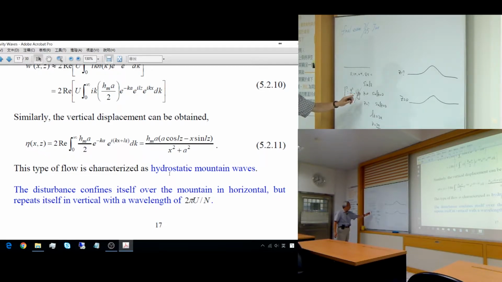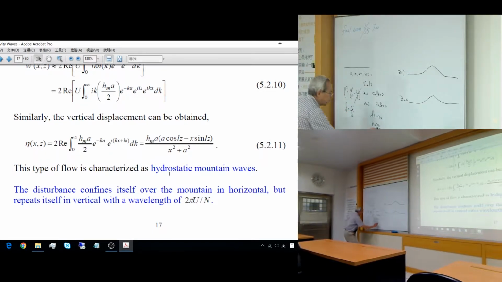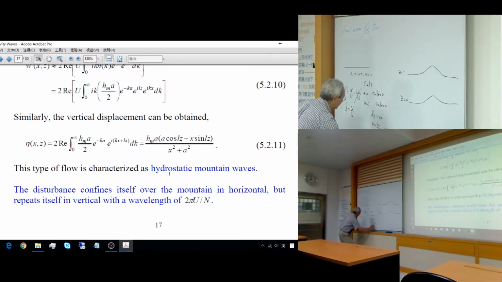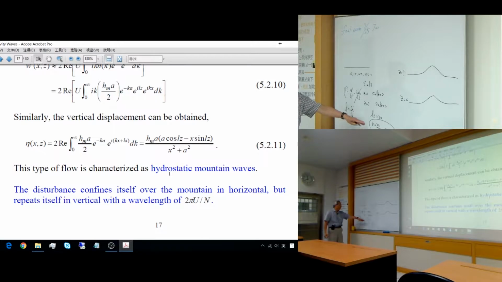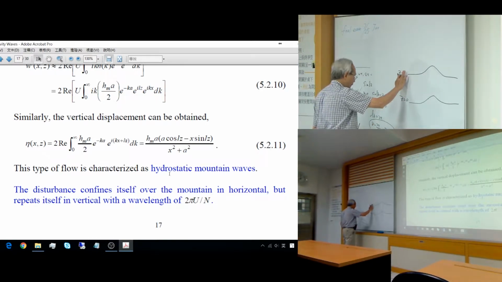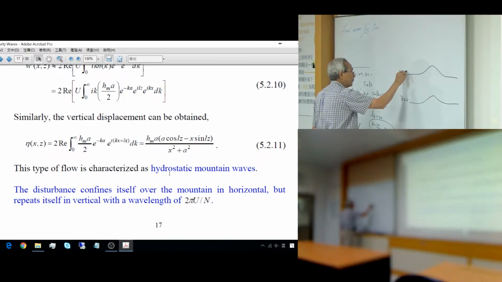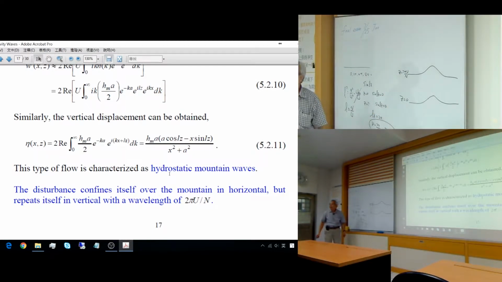Then we get this, so L equals N over U. So this means g equals 2 pi U divided by N. So at this height it is going to repeat, and at another height, 4 pi U over N, it is going to repeat.